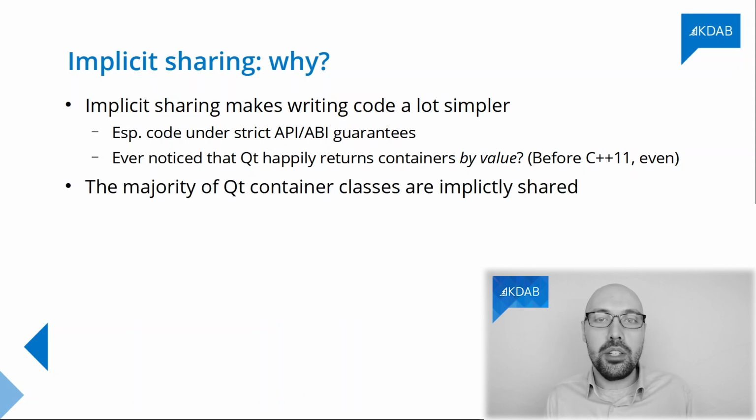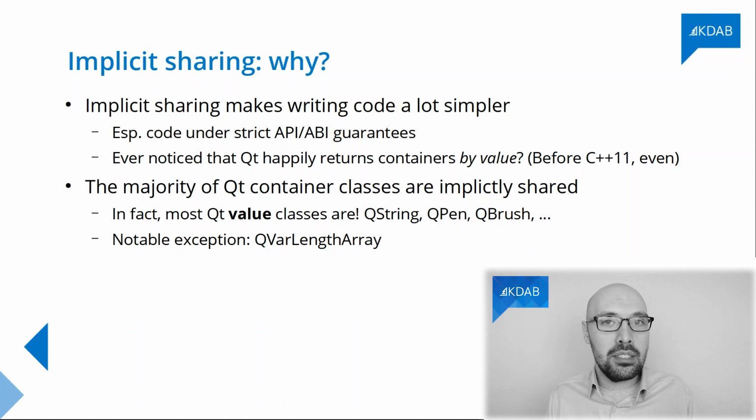For you, well, you can exploit this, because as I mentioned, the vast majority of Qt container classes and Qt value classes are implicitly shared. So all the containers that we've seen in the previous video, pretty much all of them, except for QVarLengthArray, but QVector, QList, QMap, QHash, QSet, all of them are implicitly shared.